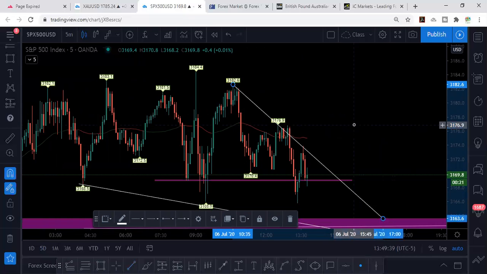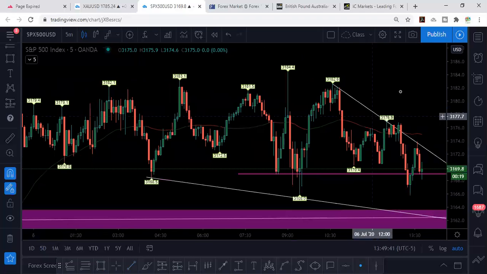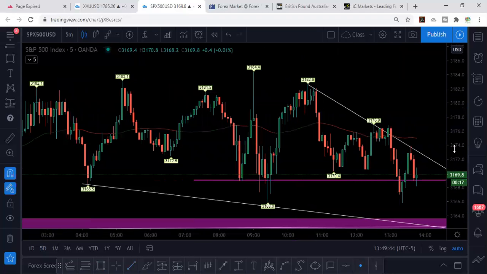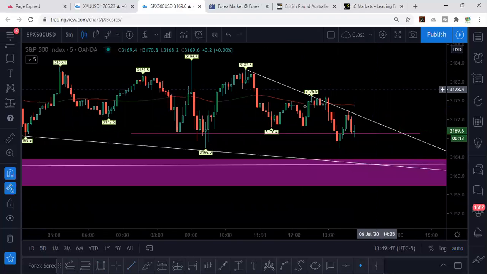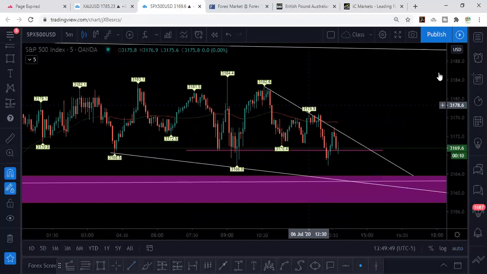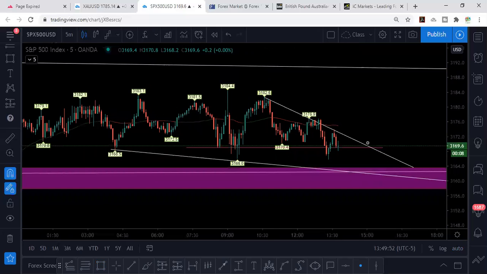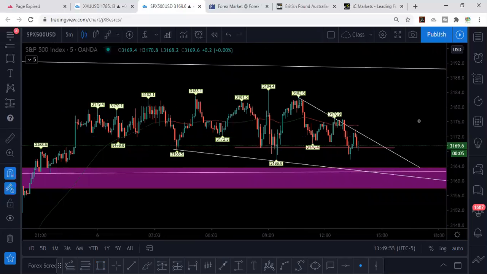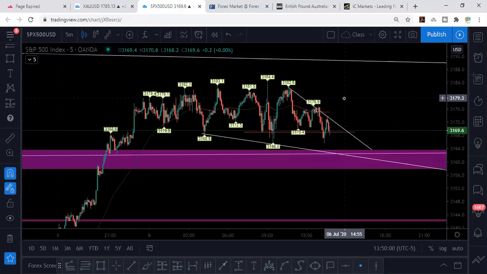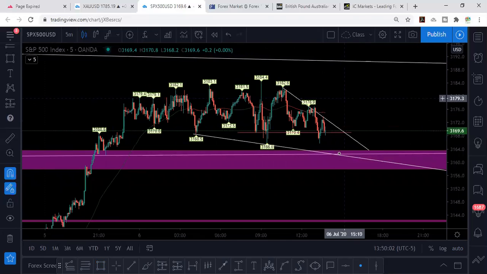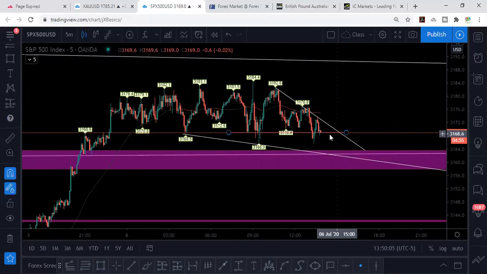When you mark up your chart, go to the lower time frame for entry. So I'll buy this if it escapes here and comes back. But until then, let's keep watching.